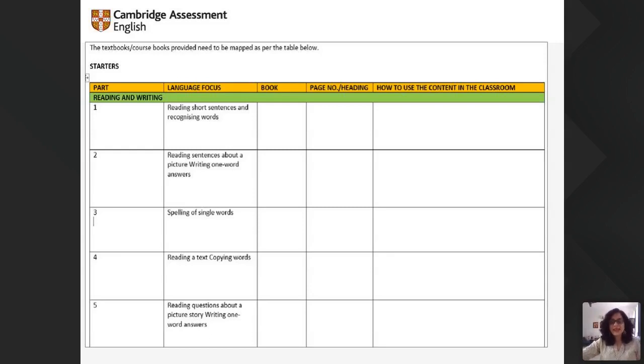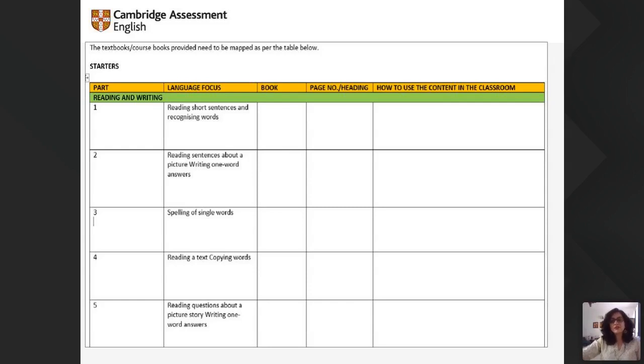If you see, the exam we are focusing on is starters, and the exam part is reading and writing. At the YLE level, reading and writing is a combined exam. And then you have the language focus, where you have descriptions of the subskills of reading. Now, here you can name the course book. If you're using only one course book, you can name only one course book.